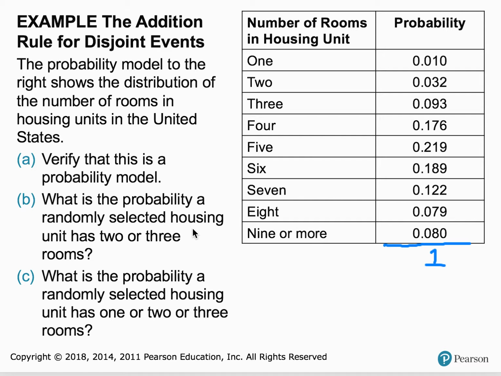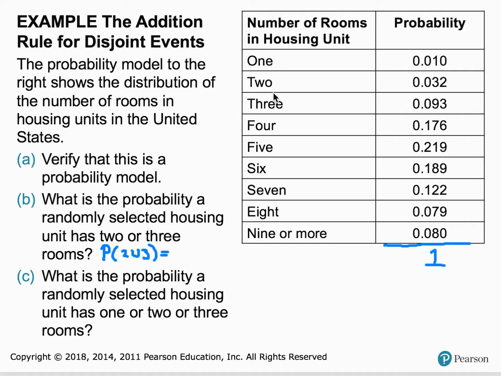So what is the probability a randomly selected housing unit has 2 or 3 rooms? My first question is, are these events mutually exclusive? Okay, can an apartment have 2 rooms and also at the same time have 3 rooms? No. So mutually exclusive. So all I have to do is add. Okay, and look, here's how we do our notation, right? 2 or 3.